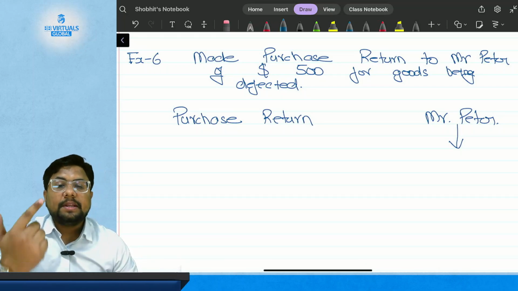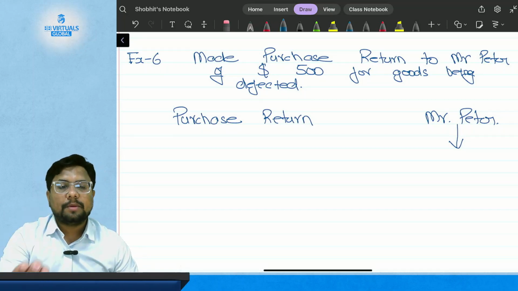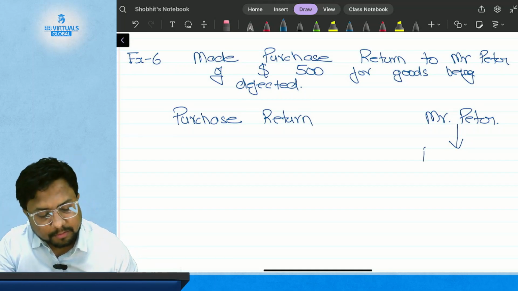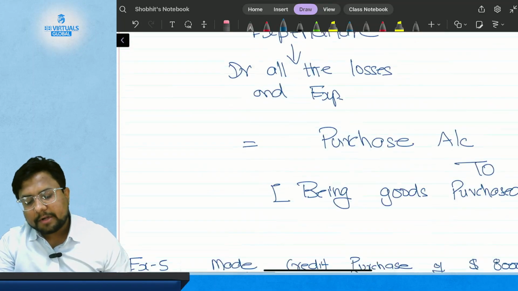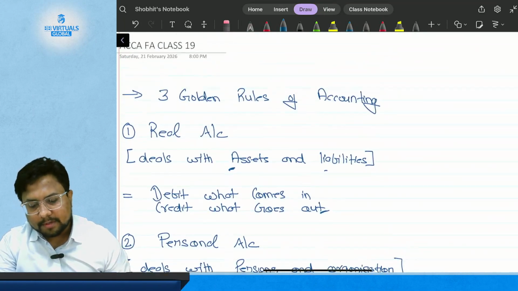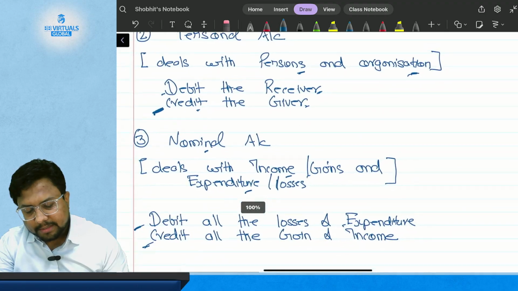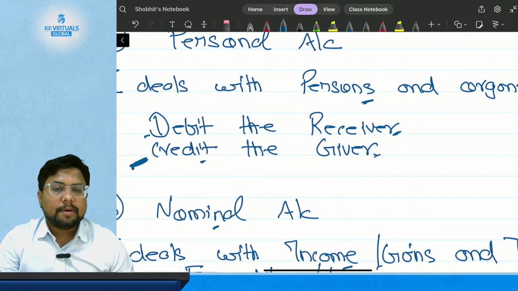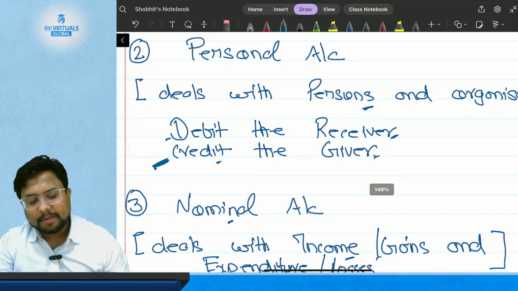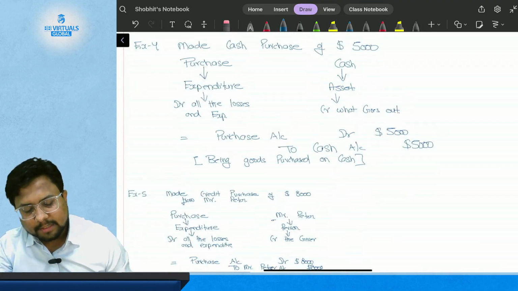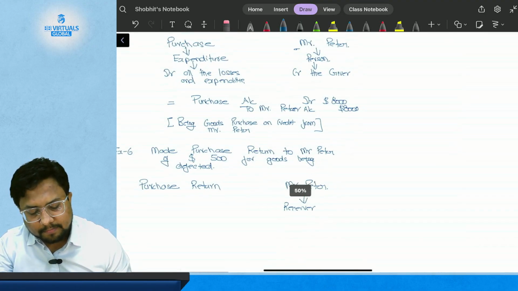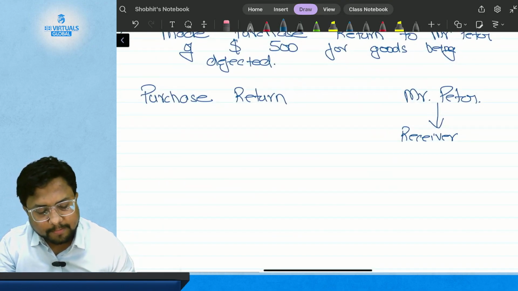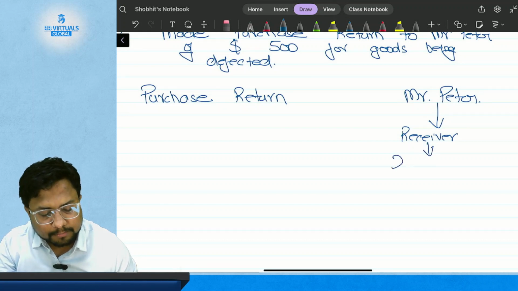Mr. Peter is the receiver because I have given goods to him. So he is the receiver, I am the giver. And when it comes to rules regarding the receiver, the rule is saying debit the receiver. Okay, so I will apply the same rule. So the rule is debit the receiver.